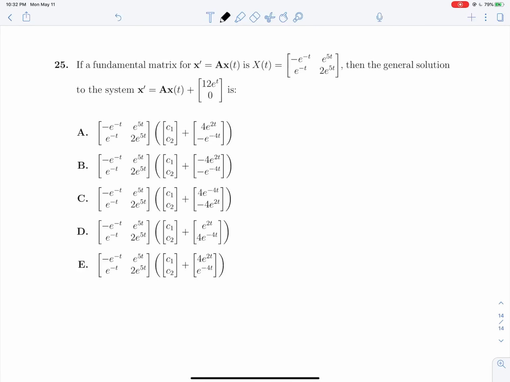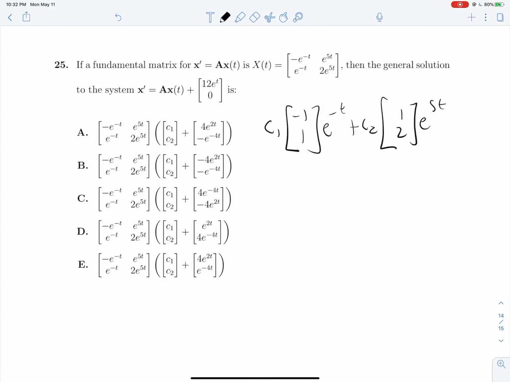25, the fundamental matrix for x prime equals Ax is given there. Thus, the general solution is what? So we know that this will have two components, and we're seeing this in all these answer choices. If we expanded this completely out, one of them will be C1 and C2 multiplied by this thing, because that will give us C1 [-1, 1] e to the negative t plus C2 [1, 2] e to the 5t.